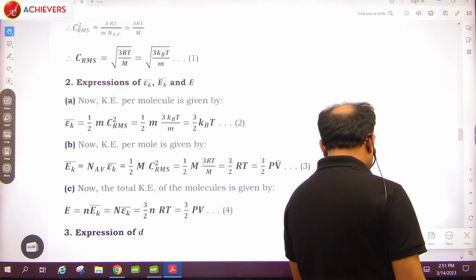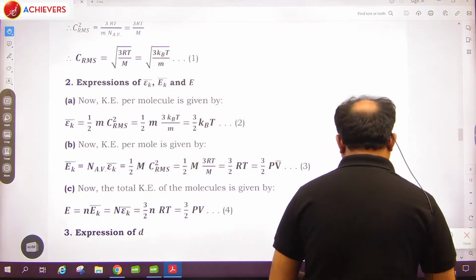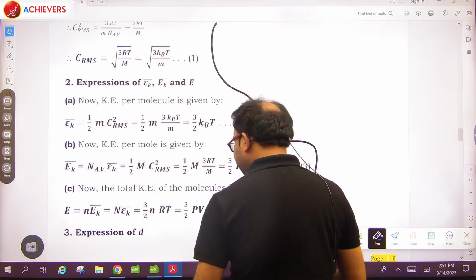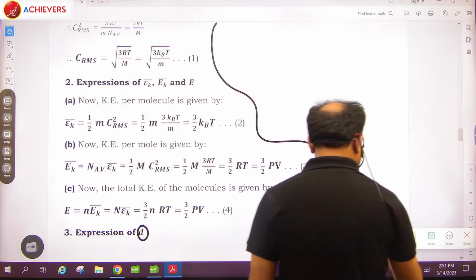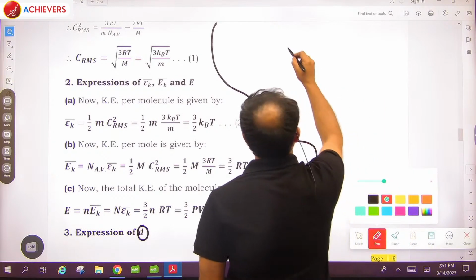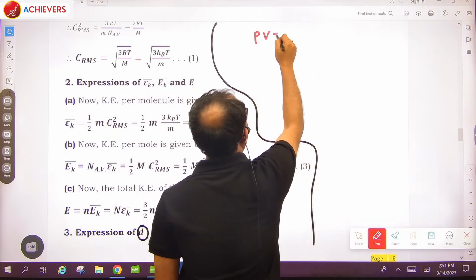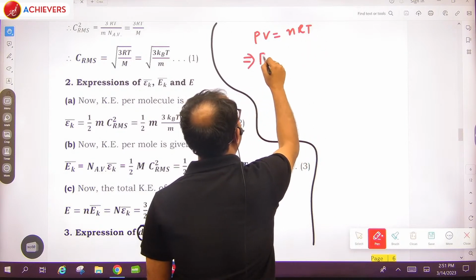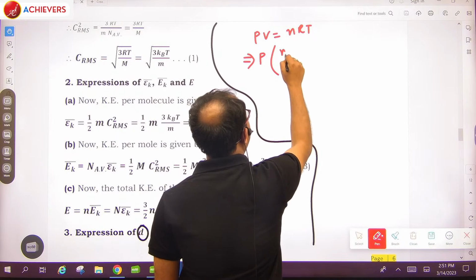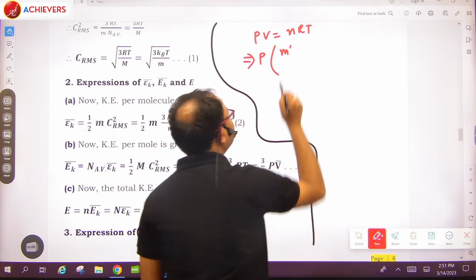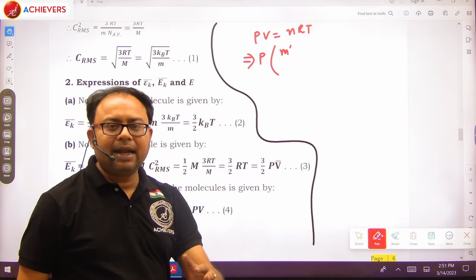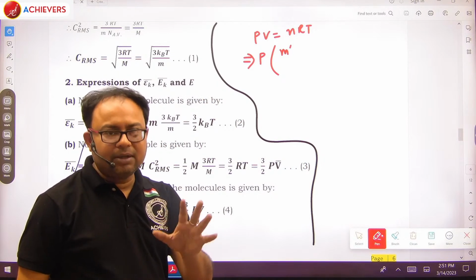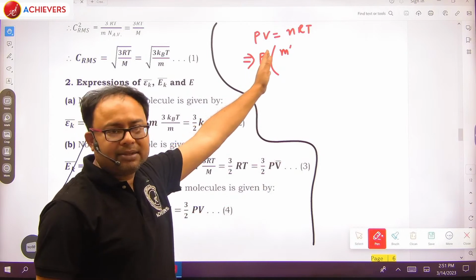Now you have to evaluate the expression of density. So how can we do that? We all know that PV is equal to nRT. V is mass, total mass of the gas. Let us write that by m dash, because mass per molecule is written as m, so we are writing the total mass as m dash.